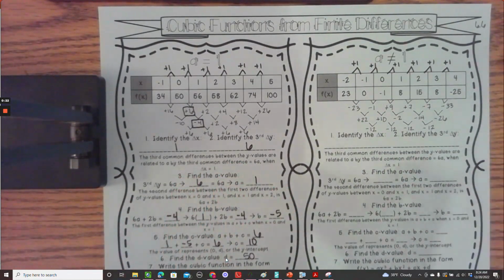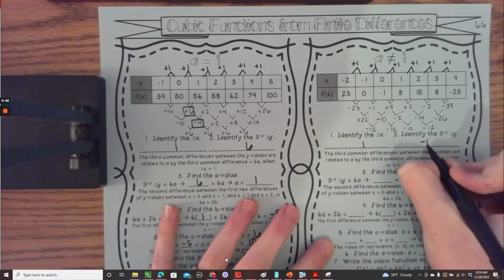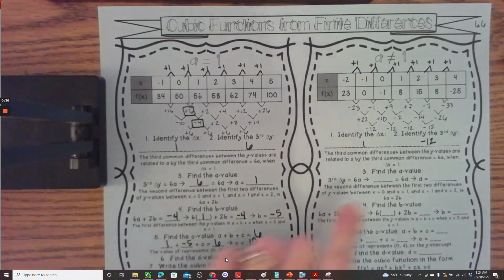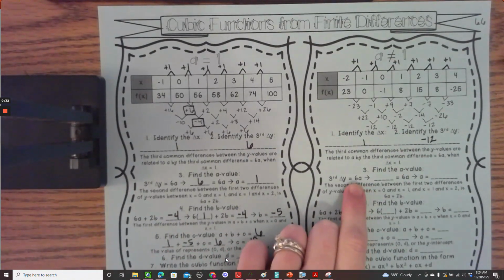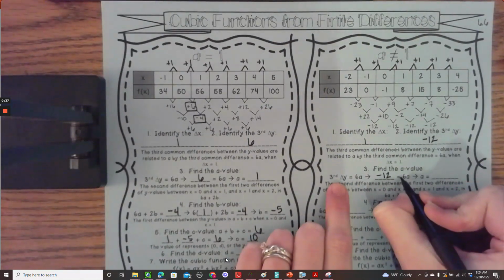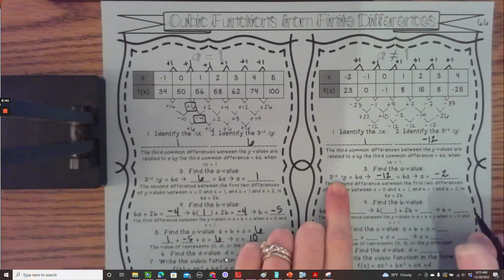So my change in x is a 1. And then my third change in y is a negative 12. Okay, so for the a value, third change in y equals 6a. So the third change was negative 12. That's equal to 6a. If we solve that equation, we get a negative 2.